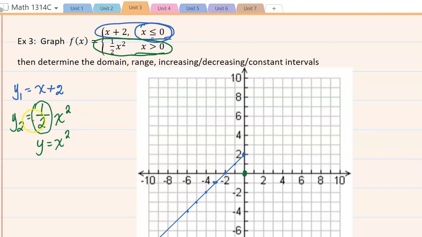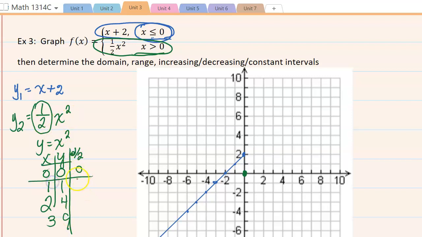And then we're going to use our table for our parent function, which is 0, 0, 1, 1, 2, 4, 3, 9. But remember, we have our multiplier, which says we need to get half of those values. So half of 0 is 0, half of 1 is 1/2, half of 4 is 2, and half of 9 is 4.5. So let's graph those.